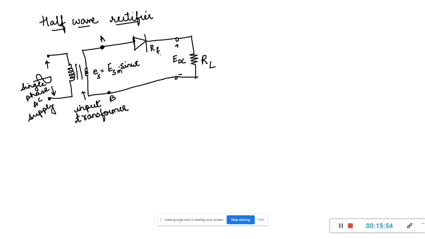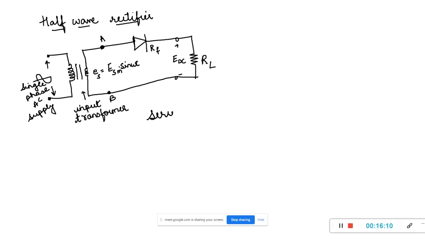So this rectifier consists of what all elements? The resistive load is there, and a rectifying element, which is nothing but a PN junction diode, and the input source, AC voltage, is there. All are connected in series.